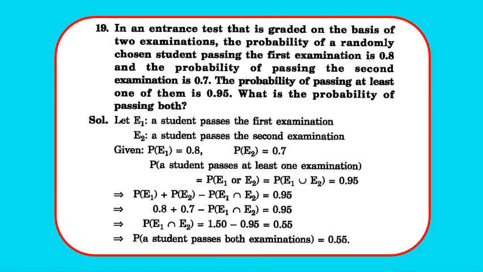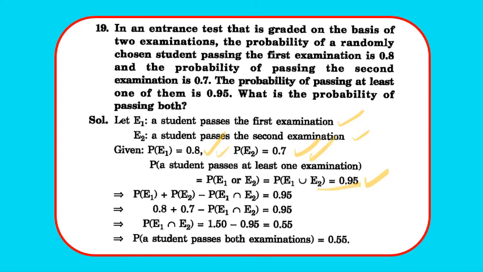So let E1 be the case that the student passes the first exam and E2 be the case that the student passes the second exam. We have P(E1) 0.8 and P(E2) 0.7. This is given. Now P(a student passes at least one exam), that is P(E1 or E2), is given to be 0.95. So we have individual probabilities and we have the union.